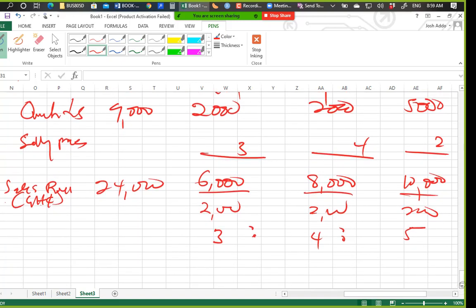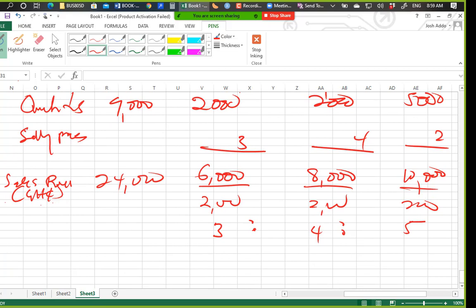Sir, please come again. How did you get the 2,000? In fact, I am reducing it. These figures are very big. Of course, you can use the 6,000, 8,000, 10,000. Just that your figures will be bigger and you have to be doing some more calculation.